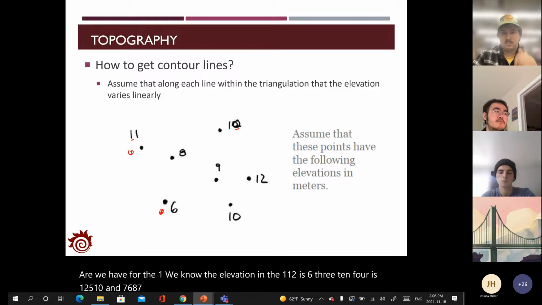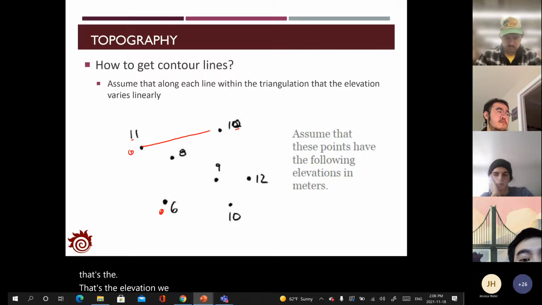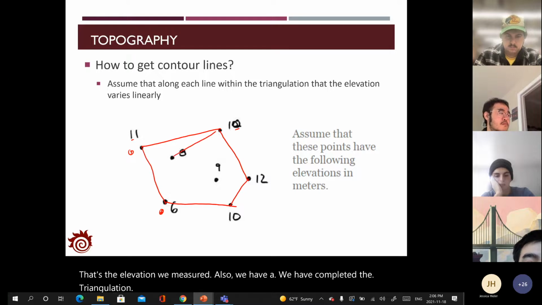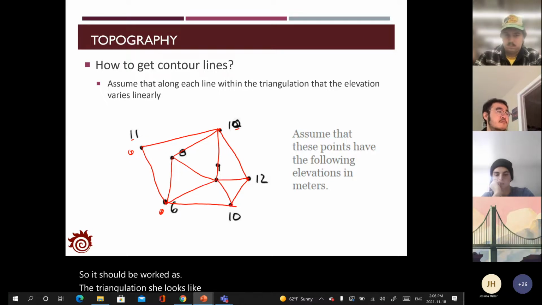So that's the elevation we measured. Also, we have completed the triangulation, so the triangulation should look like this one.